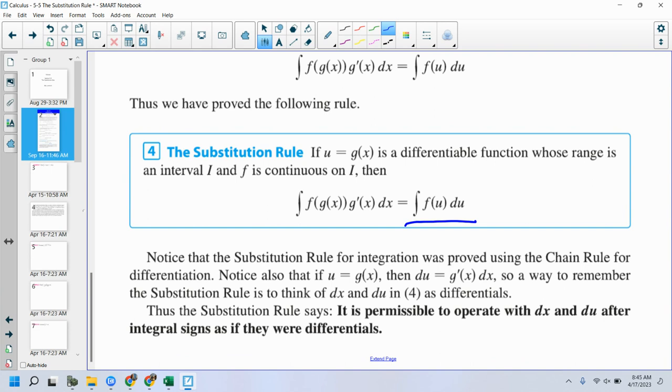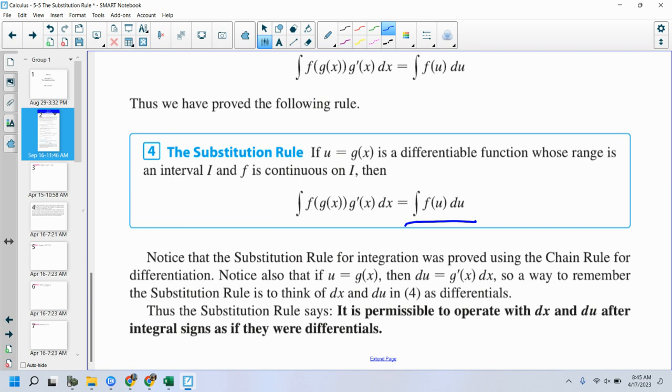We introduce a new variable that represents an entire function, the nested function within f. And if u is equal to g of x, and we've got a composite function with g of x inside, multiplied by the derivative of g, then we can replace this whole chunk with just f of u.